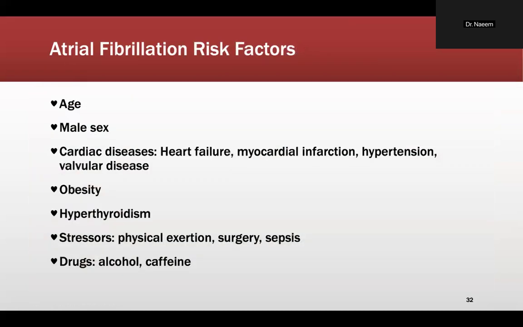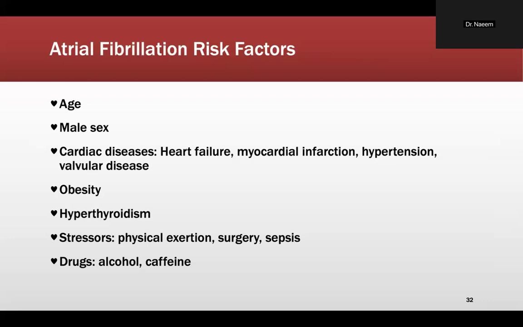Risk factors. The non-modifiable ones, as you can see, would be age, male gender, and cardiac diseases to some degree. You can't really modify them because they are progressive, and once they are diagnosed, you can get them under control as best as you can. But they are, in fact, at this point, part of the medical history, that being heart failure, myocardial infarction history, hypertension, and valvular disease.